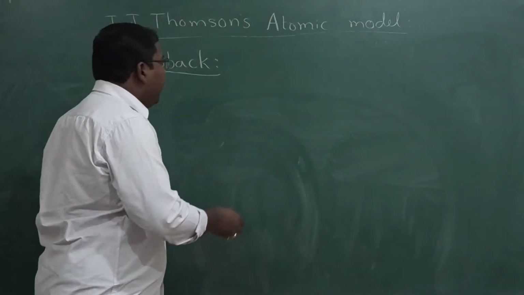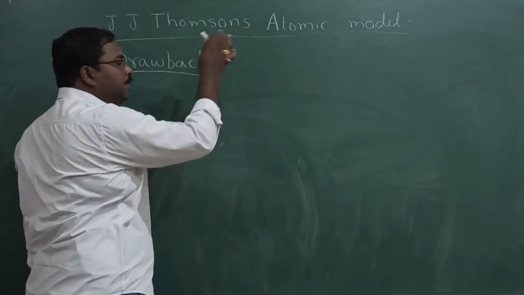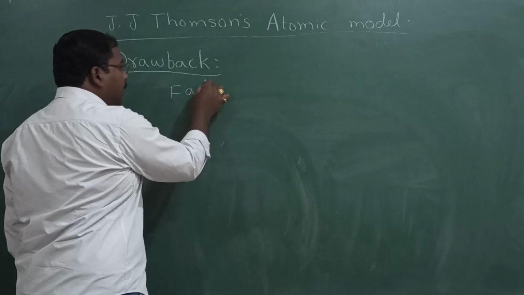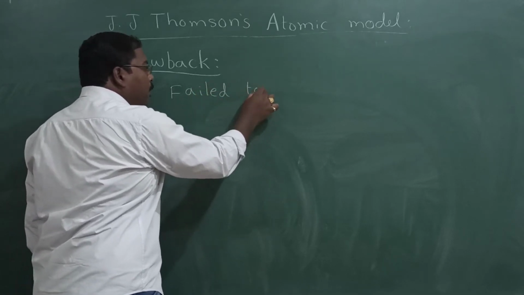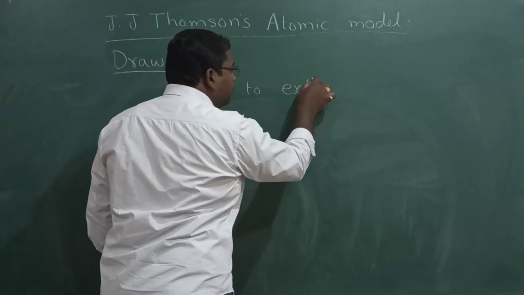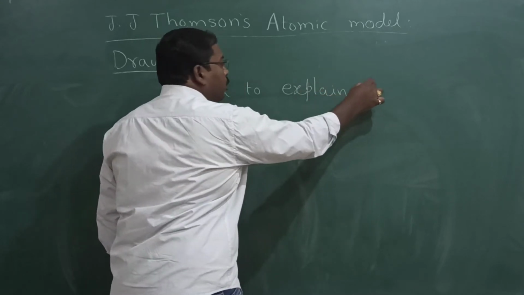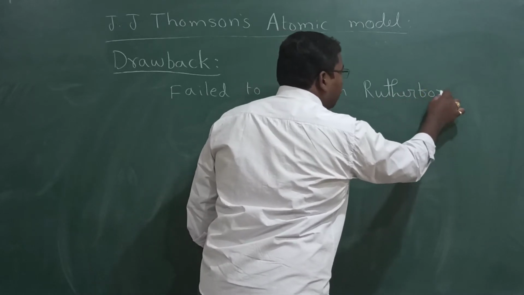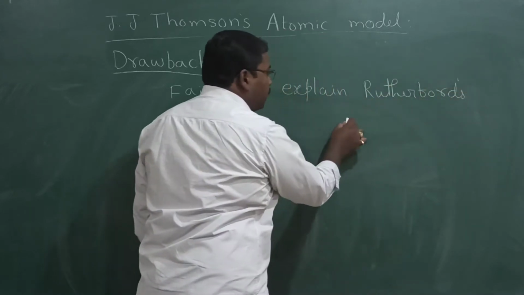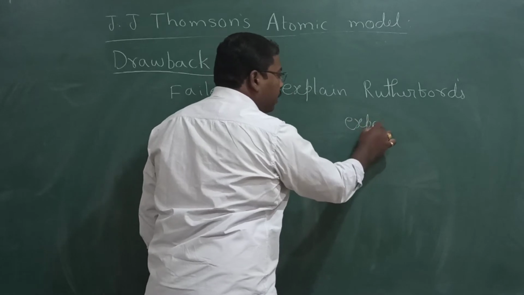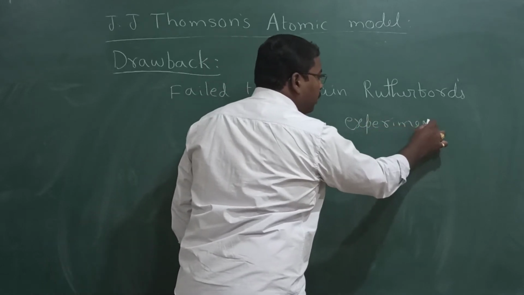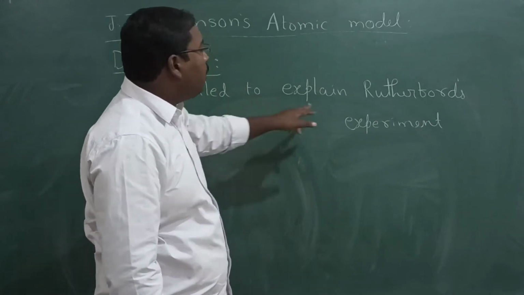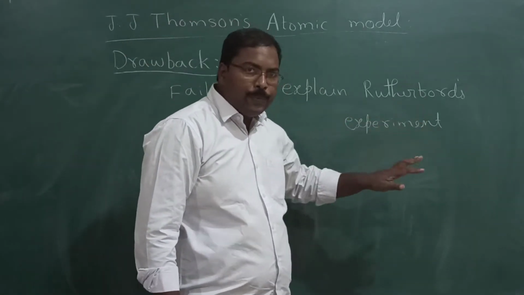That is the main drawback of Thomson's atomic model. The drawback is he failed to explain Rutherford's experiment.